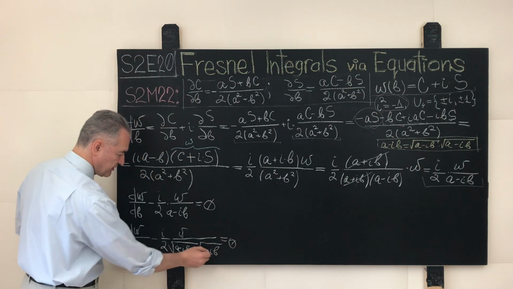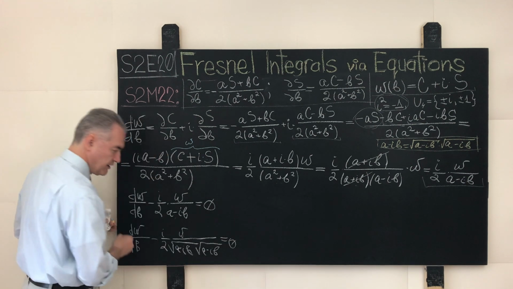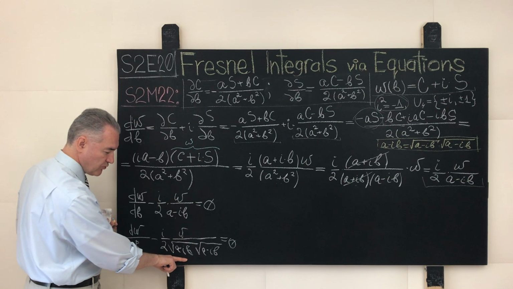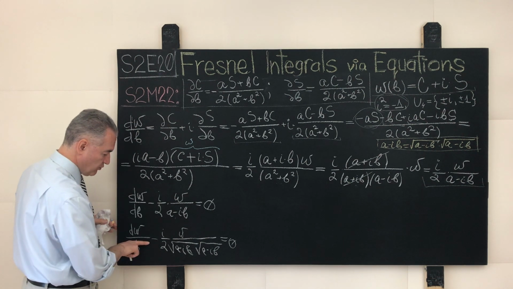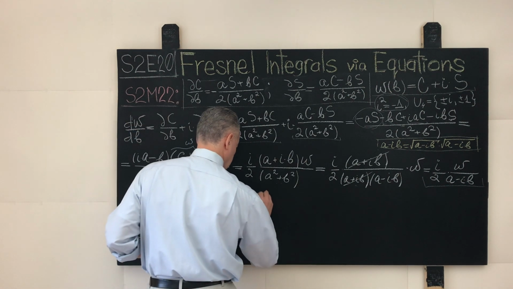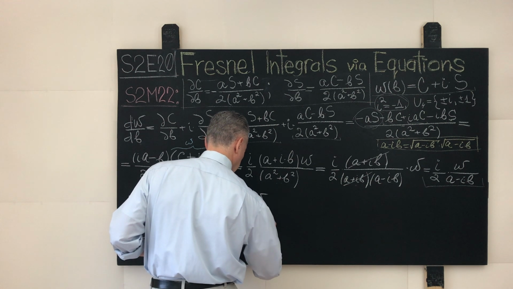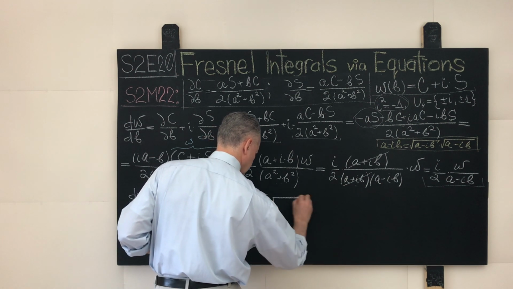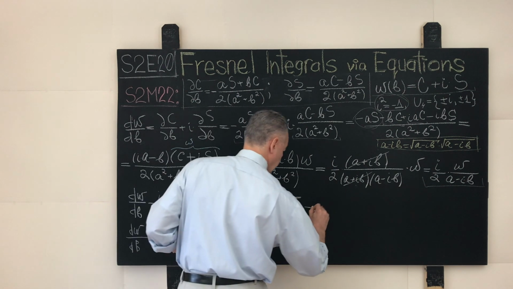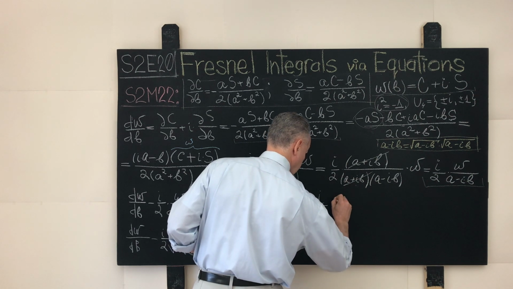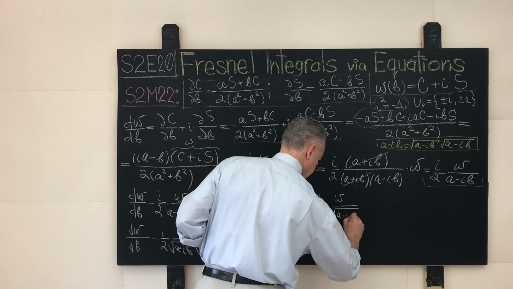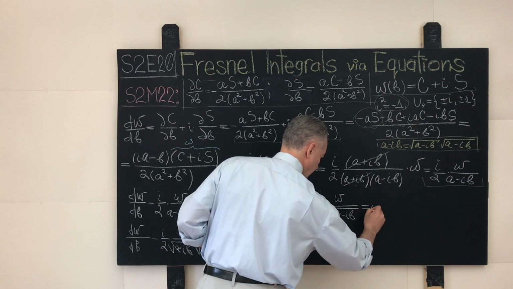And if we multiply this entire equation through by one copy of the square root, in this summand one copy of the square root will disappear, but one copy will show up over here, and what will we have? We will have dw over db times the square root of a minus i times b minus i over 2 times w over the square root of a minus i times b equal to 0.